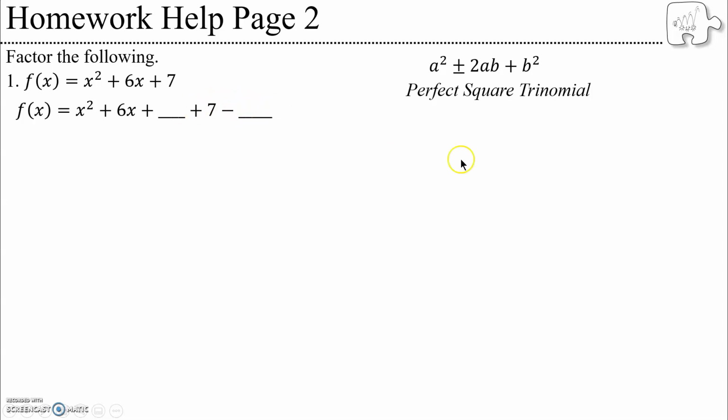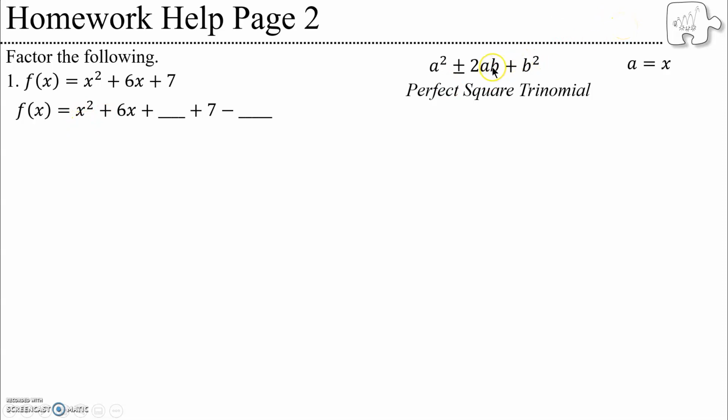So remember that our perfect square trinomials are of the form a squared, right, plus or minus, right, 2ab plus b squared. Right? And for all of these equations that we're going to be doing today, our a is x, right? A squared is x squared, so a is just x.